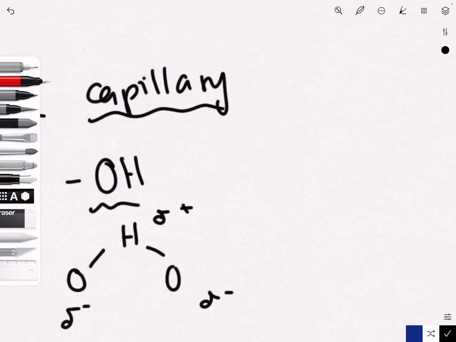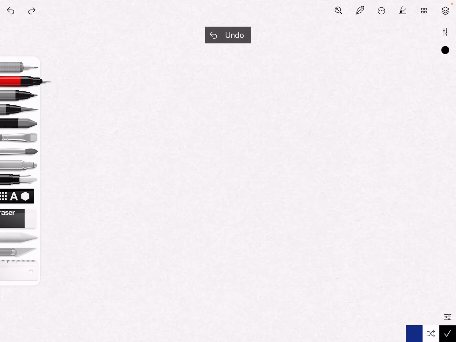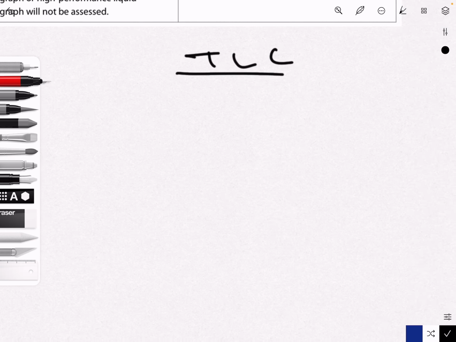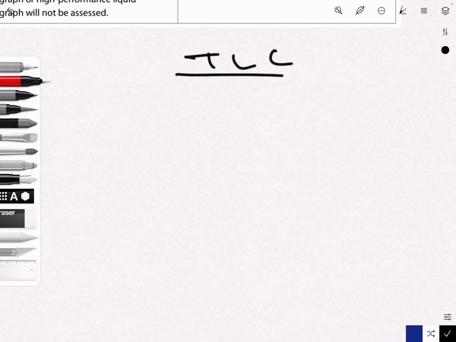Next up, let's look at TLC, or thin layer chromatography. Now, thin layer chromatography looks quite similar to paper chromatography, and it works in a similar way as well, but the main difference is that TLC has a different stationary phase.